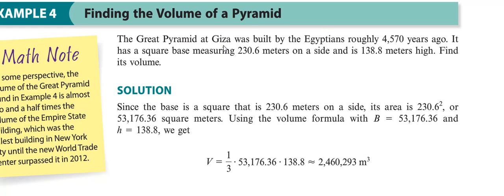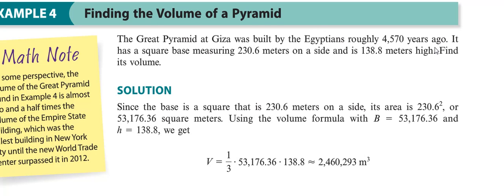The Great Pyramid in Giza was built by the Egyptians roughly 4,590 years ago. It has a square base measuring 230.6 meters on a side. So to get the area of the base, you just have to square 230.6, and it is 138.8 meters high.